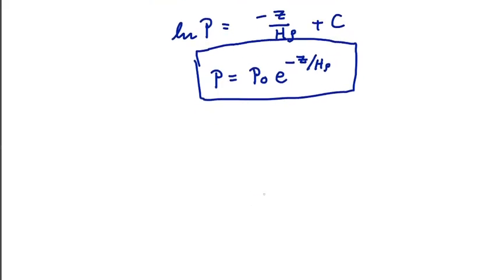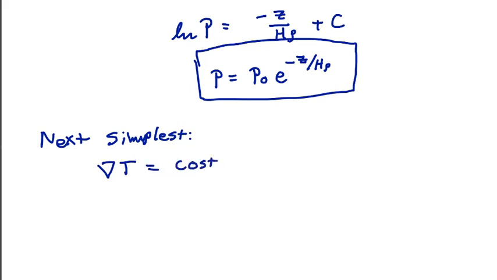Now, the next simplest system, the next level of approximation: we said previously that T was a constant. So the next simplest is to say that instead of T being a constant, the gradient of T is a constant. That means that T is equal to some base value plus this constant, let's call it β, just for simplicity, times z.